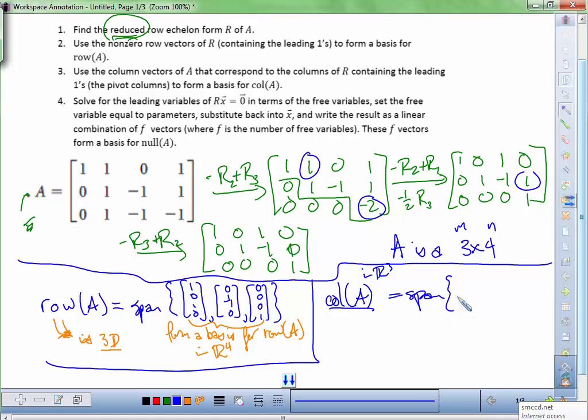So to get our basis for the column space, basically what they said here is to take all the columns that have those leading coefficients for each of the rows. So my basis for the column space is simply our standard basis.